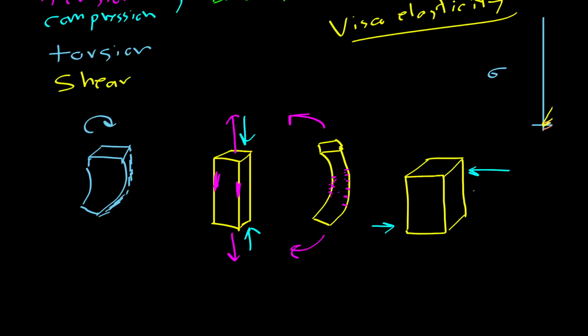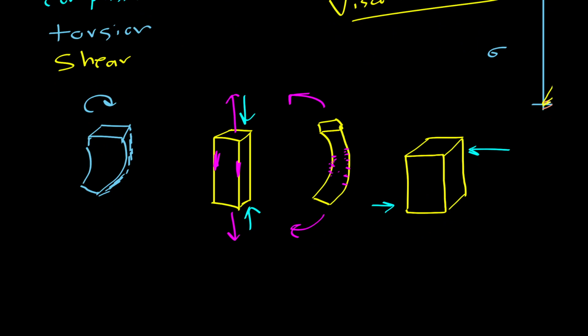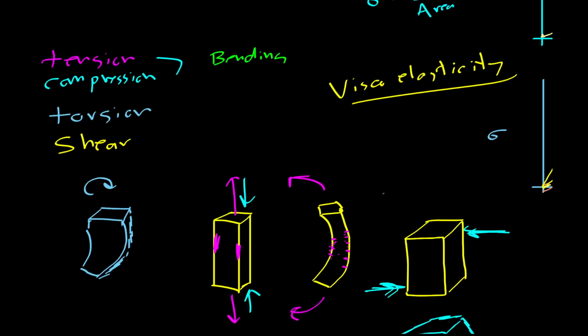That would have a tendency to cause shear, and that would look kind of like this. If this is a block of jello, it would deform like that, right? Because this force is trying to push the bottom this way, and this force is trying to push the top the other way. So that's shear.